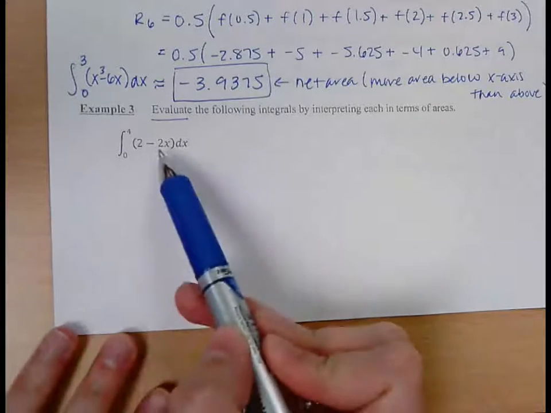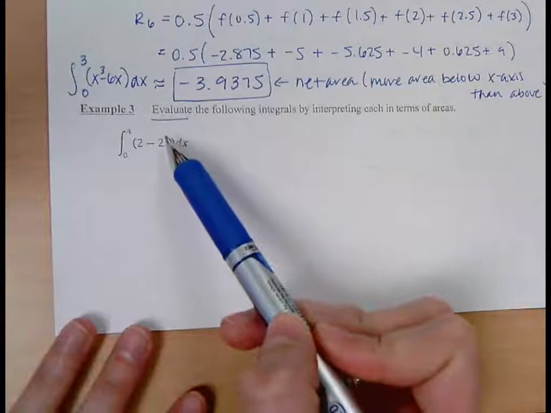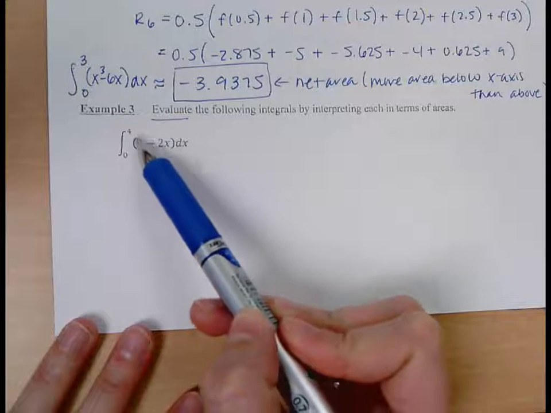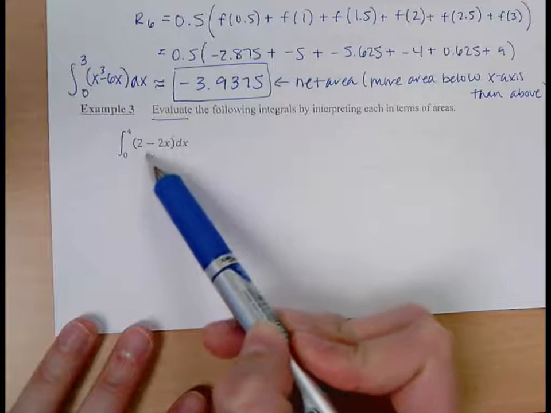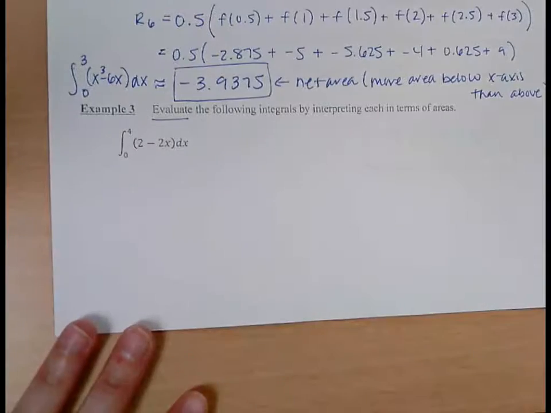So what I'm going to do is, if you have your graphing calculators, this could help, but if not, you can look up here at mine. I'm going to graph this function, y equals 2 minus 2x, on the interval from 0 to 4.